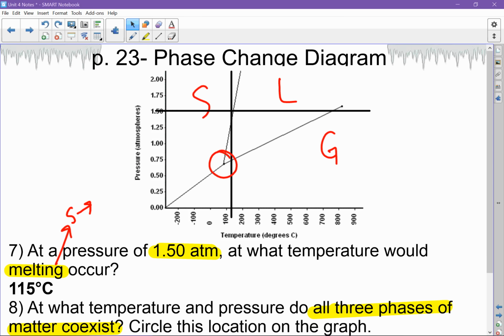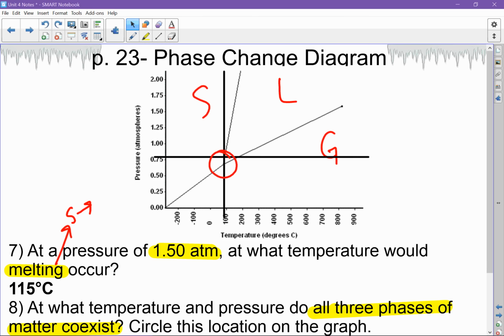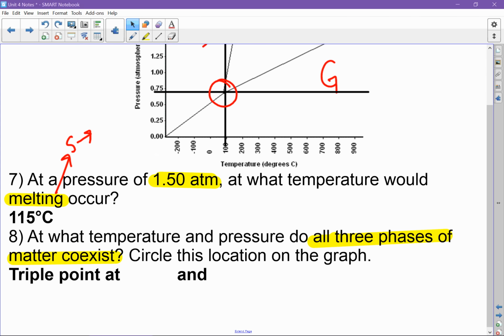So if I kind of check over, that maybe lines up like that. That lines up about there. And so it's okay to do some estimation on this graph. So maybe the temperature is kind of around 100. And then the pressure is a little bit below 0.75 atmospheres, maybe 0.65, maybe 0.70, just a little bit below that line.